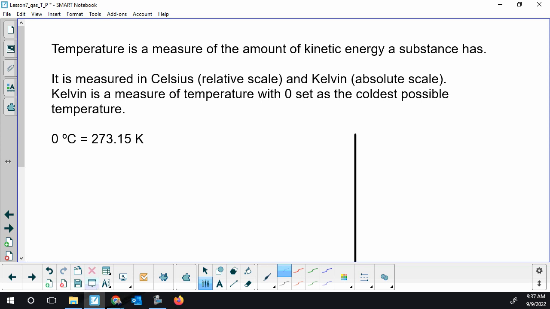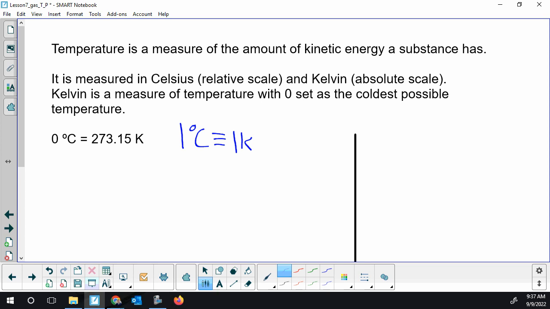Now the way Kelvin has been set up is 1 degree Celsius, or particularly the change in 1 degree Celsius, is equivalent to 1 Kelvin unit. Okay? So the units have the same meaning, or the same sort of difference. Like Celsius and Kelvin, you know, one Fahrenheit change isn't 1 degree Celsius change. Okay?